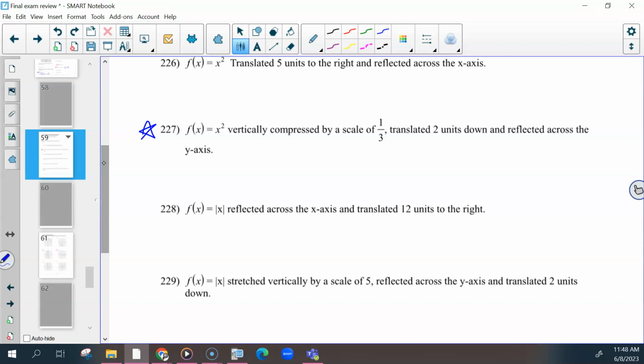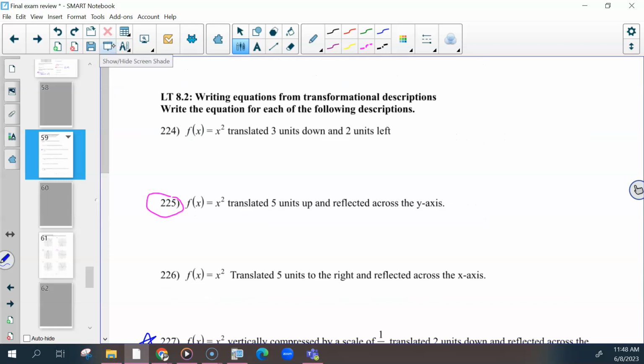We have to remember the different words and where they go. Vertical things go outside. Horizontal things go inside. I'm going to write this at the top. Your functions are going to look like one of these two things. These are the general formats.